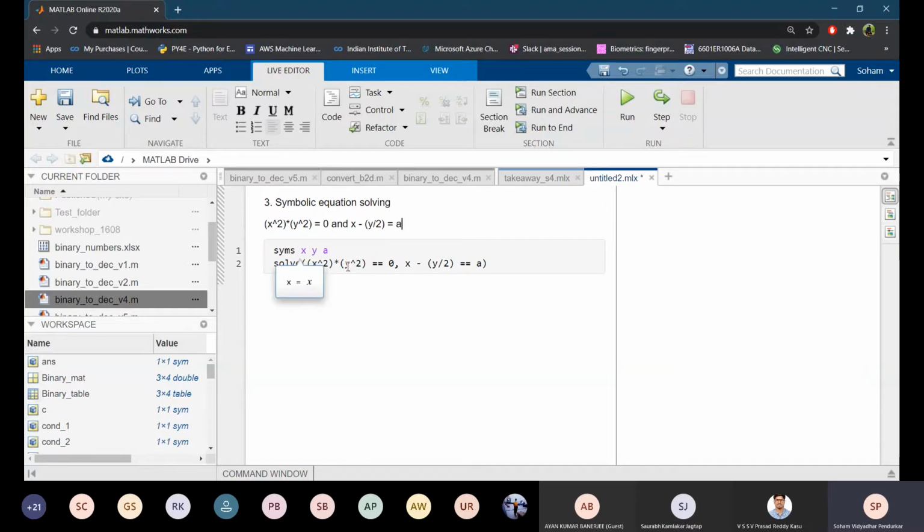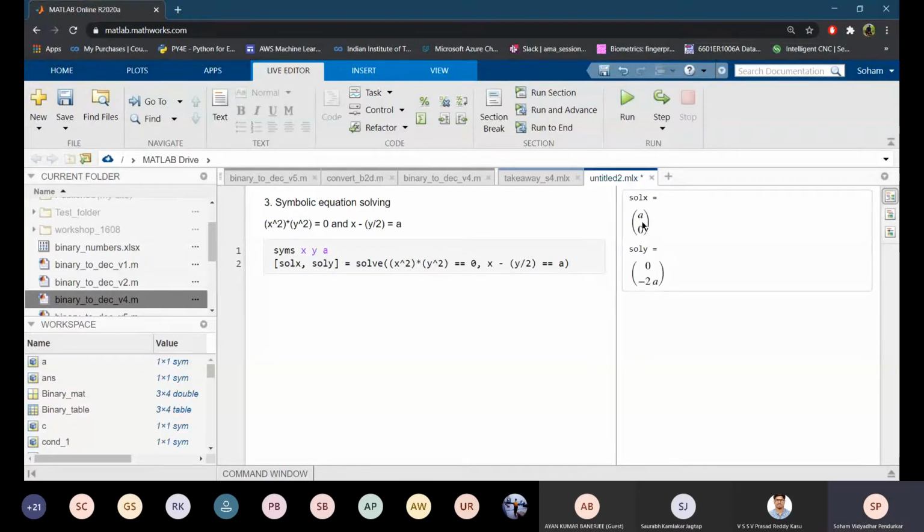Since these equations contain x and y, I'll get the output like this: sol x and sol y is equal to solve, giving the solution of x and the solution of y. It will solve for x and y and consider a as a constant. It understands that a is a constant because I've specified sol x and sol y. Let's see what happens.